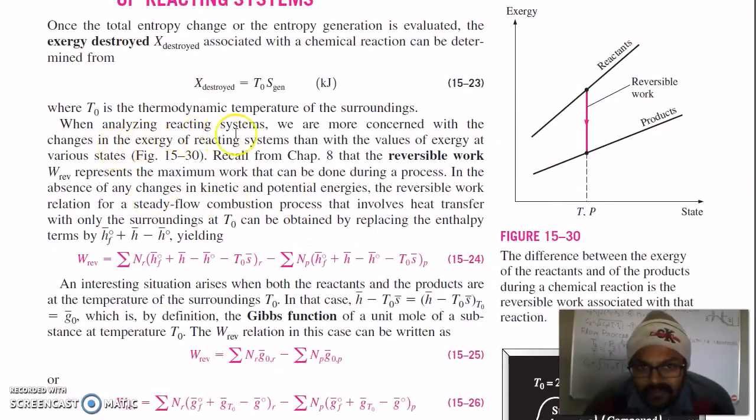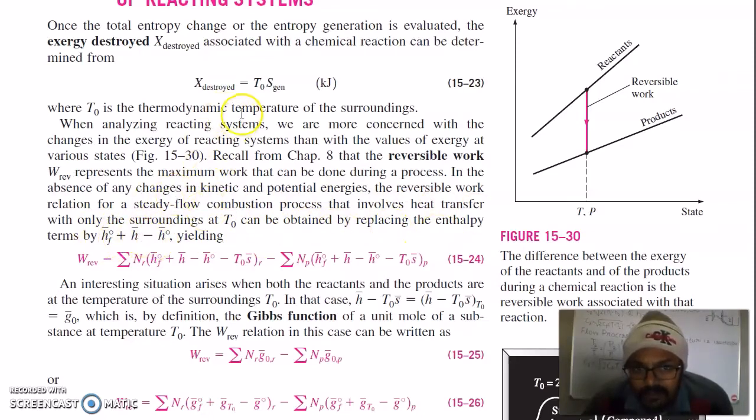When analyzing reacting systems, we are more concerned with the changes in exergy of the reacting systems than with the values of exergy at various states, since the reversible work W represents the maximum work that can be done during a process. In the absence of any changes in kinetic and potential energies, the reversible work relation for a steady flow combustion process that involves heat transfer with only the surroundings at T naught can be obtained by replacing the enthalpy terms.